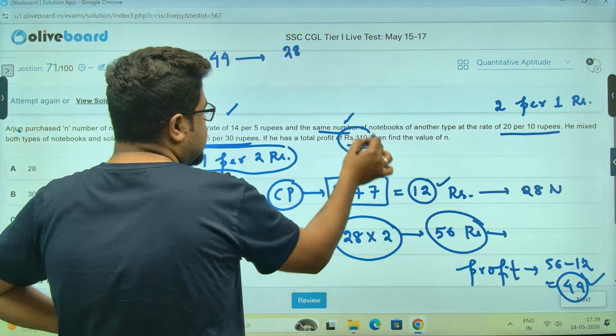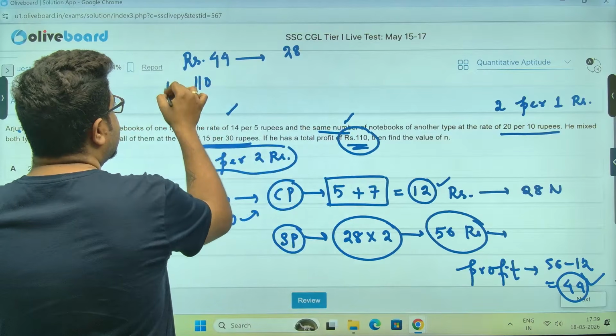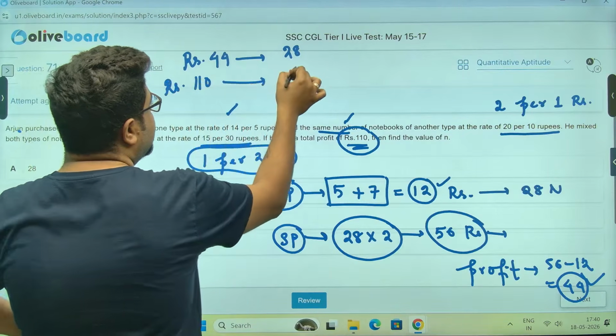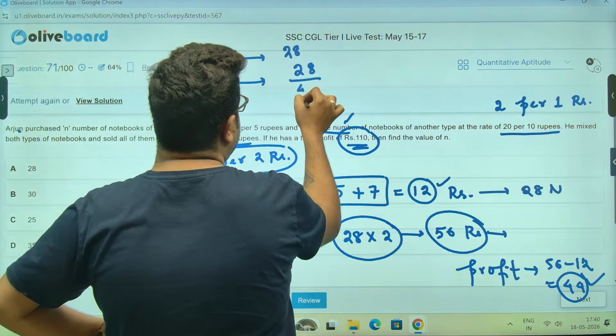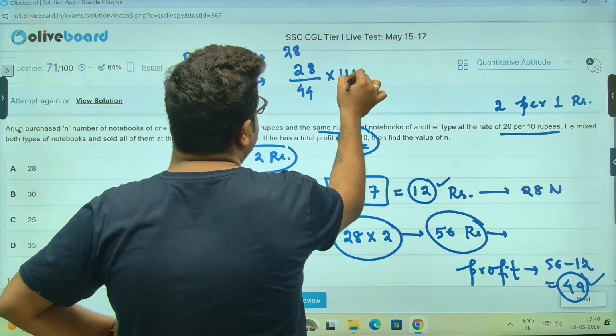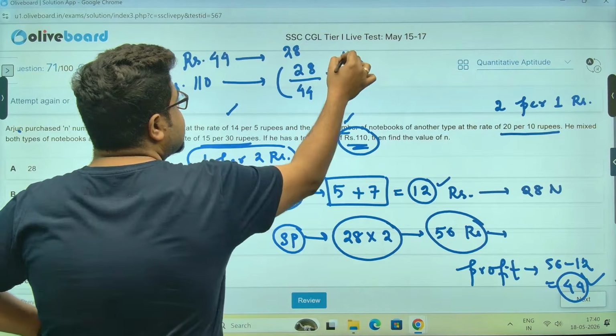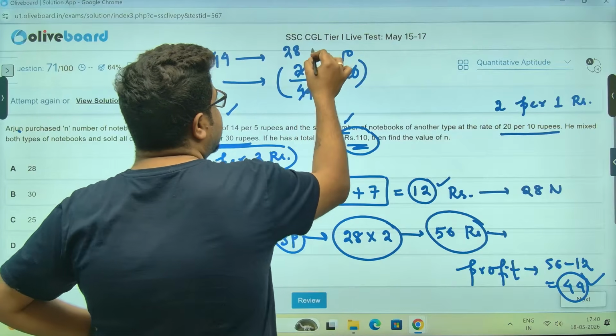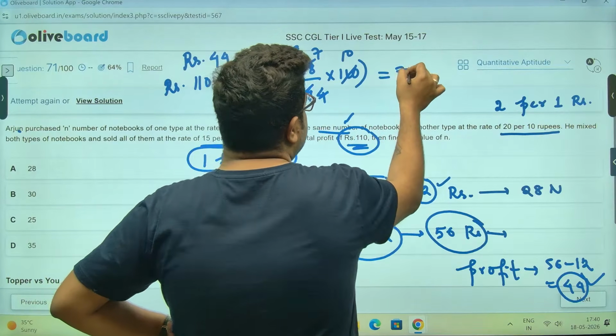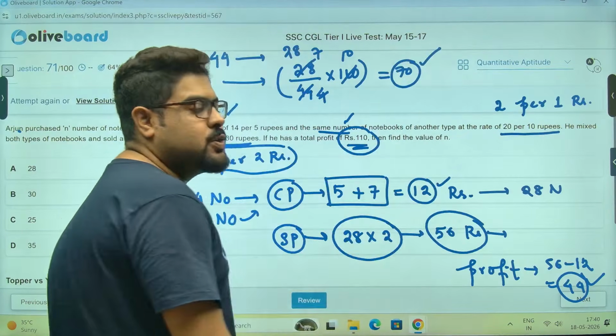But he has actually made 110 rupee profit. So total number of notebooks that he has sold is 28 by 44 into 110. 11 tens are this, 11 fours are this, 7 twos are this. So total 70 notebooks he has sold.